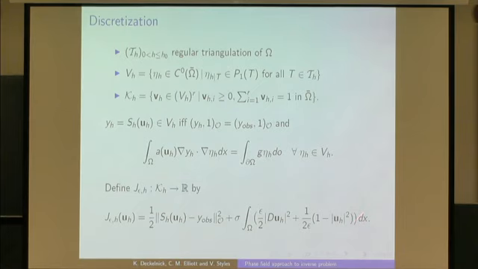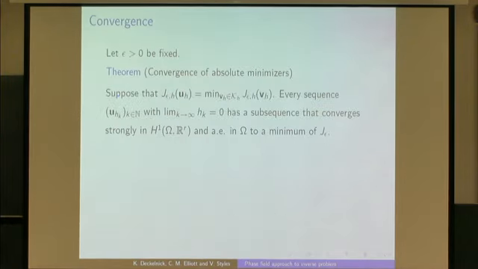Now we keep epsilon fixed, and we look at what happens when you let the mesh size tend to 0. Does it somehow converge to the original problem? And this is the case. So we've got two convergence results. For fixed epsilon, we suppose that UH is a minimum of our functional J epsilon H, so for this discretized version.